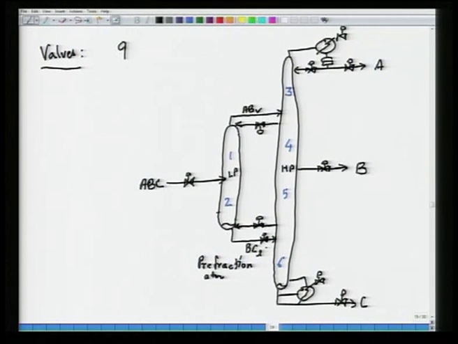How many levels do I need to control? 1, 2 and 3. So, 3 level controllers. One pressure controller. Anything else? That leaves 5 degrees of freedom.